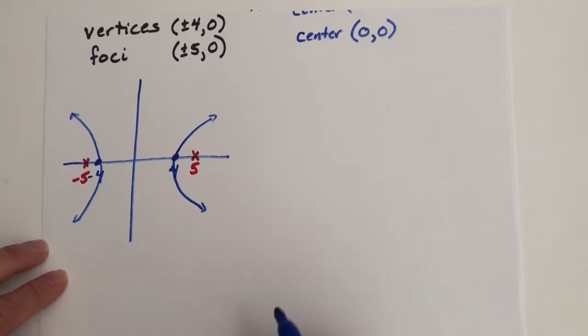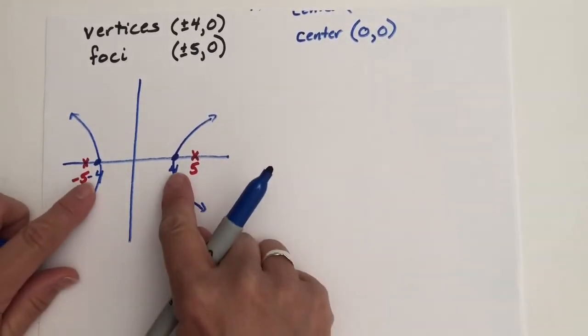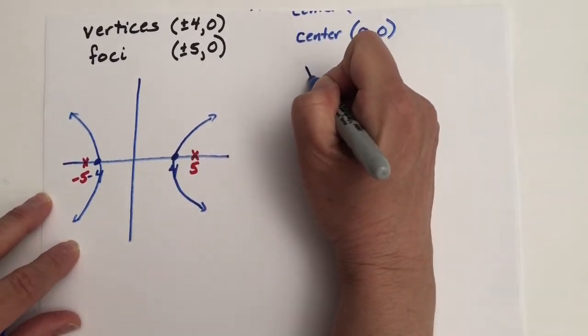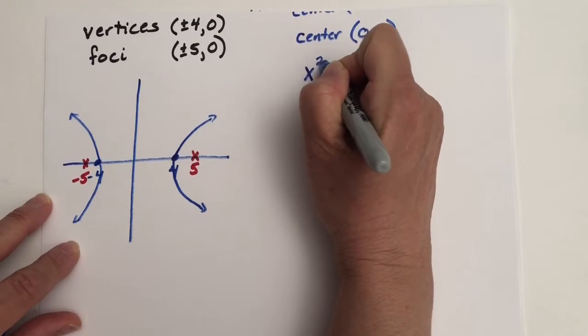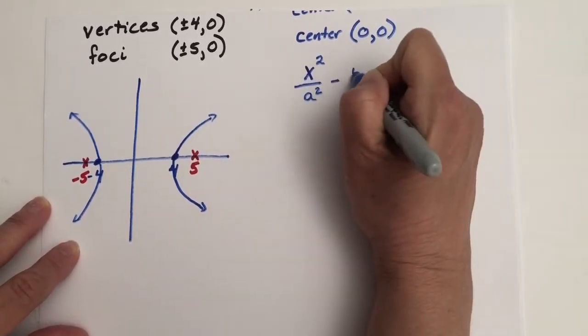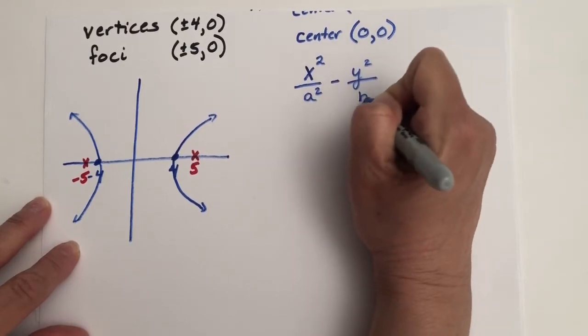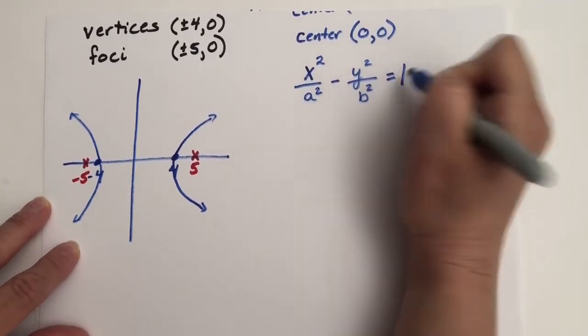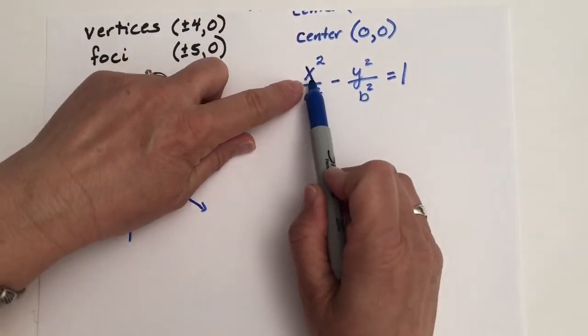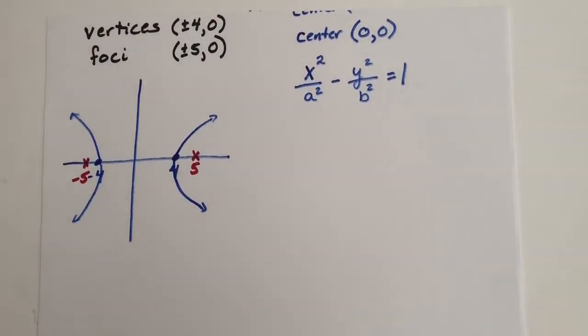So let's jot down what we know. Since the hyperbola opens right and left, I know that the expression is going to start with x squared over a squared, and then it's going to be minus y squared over b squared equals 1. And because the center is 0, 0, I know that I'm just going to have x squared and y squared in the numerator.